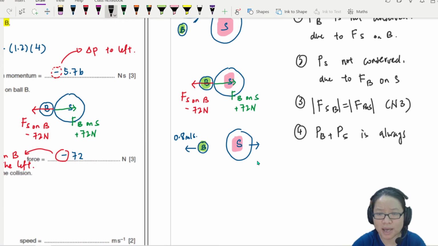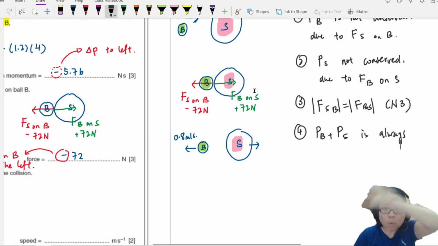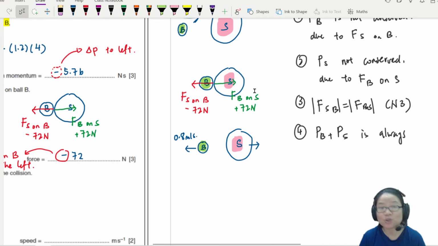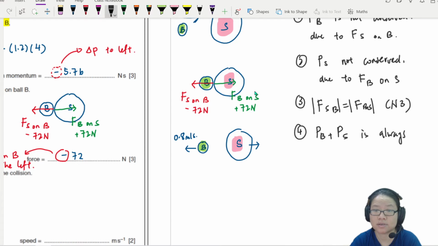Teacher, no force meh? There is force, but not external. Because if you take B and S as one system, then it includes the force, and the resultant force is zero, because of negative 72 and positive 72. Okay, cannot really say resultant, but there are no external forces. So PB plus PS is conserved.